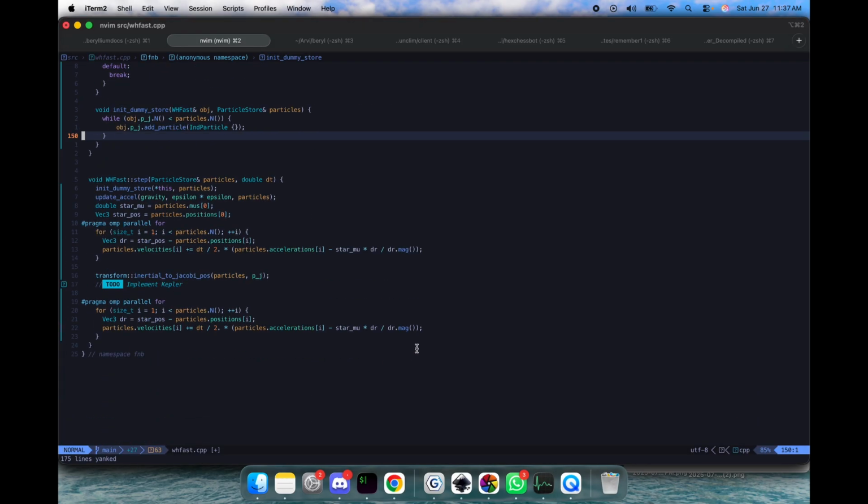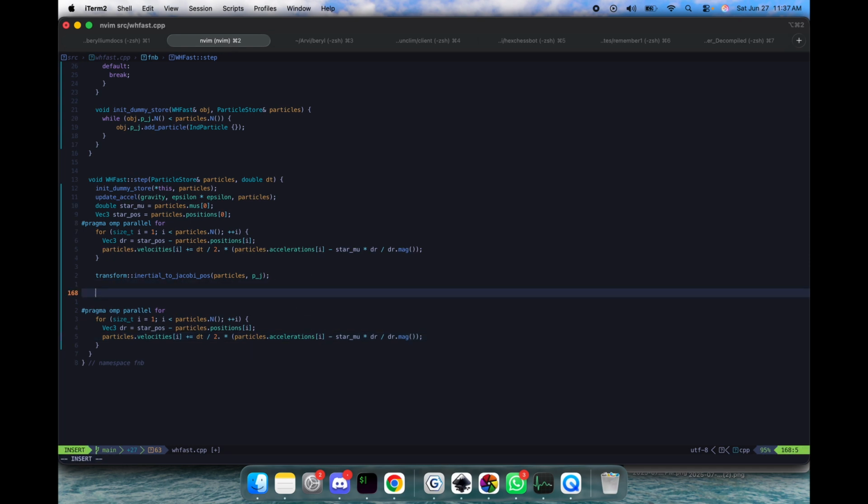If I go down here, I'm gonna do the standard method of assuming there aren't test particles around, and then trying to adjust with test particles.